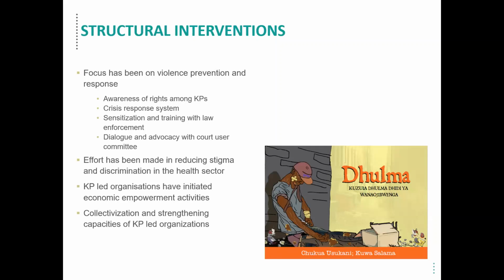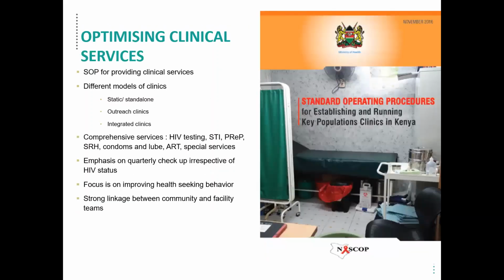We've made efforts to reduce stigma and discrimination in the health sector. We also have key population-led organizations that have initiated economic empowerment activities in some of the DICEs, and then collectivization and strengthening capacities of KP-led organizations. That's also one of our focuses in the structural interventions.